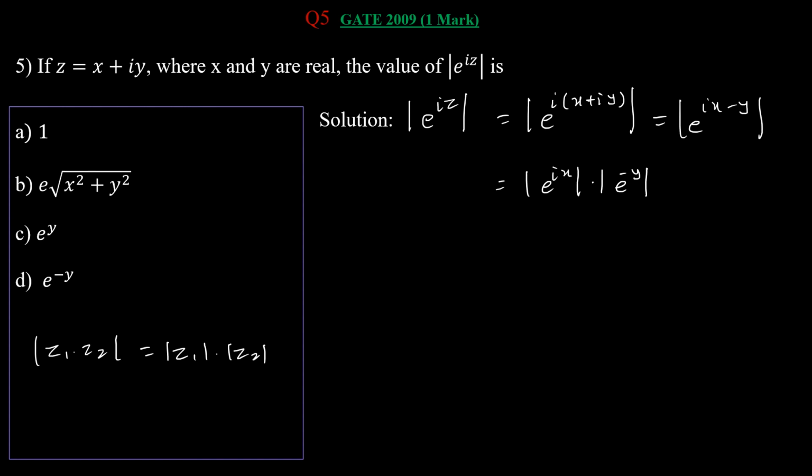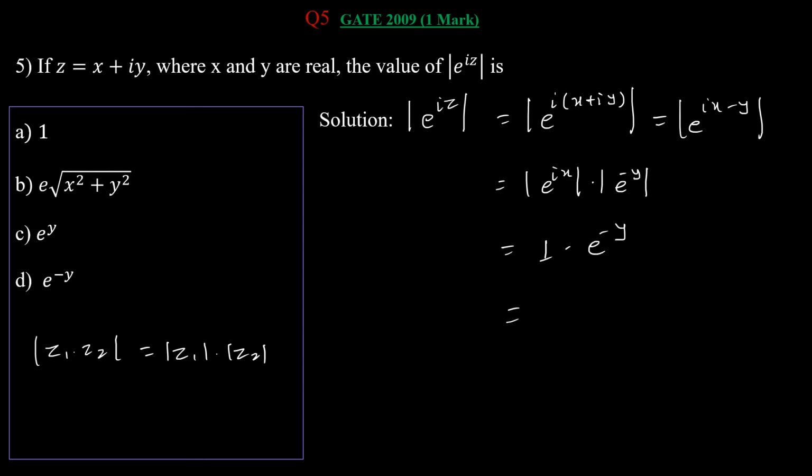So now e to the power ix, its mod is 1, as we have shown in the last slide. It is going to be cos x plus i sin x. So mod will be the square root of cos square x plus sin square x, and this will be e to the power minus y.